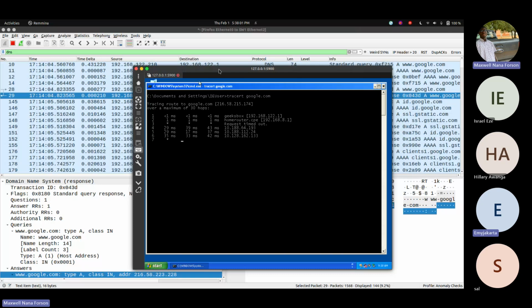So from this Windows PC, these are the steps I have to go through to get all the way to google.com. And you can see the time it's taking each of these to respond. Sometimes the response time could be very long, and that's what is going to cause the network lagging.